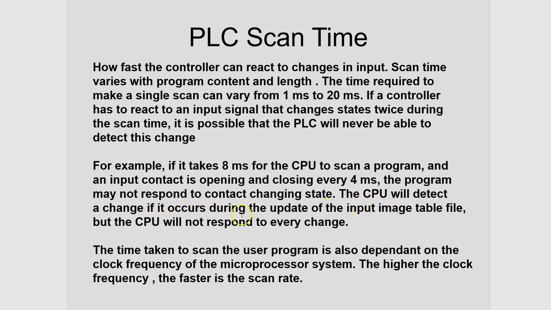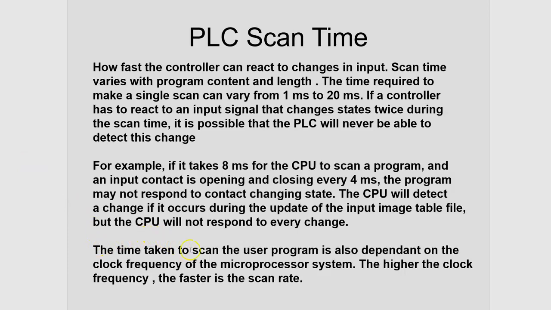The CPU will detect the change if it occurs during the update of the input image table file, but the CPU will not be able to respond to every change. So this paragraph of this slide is very important. If my switch contacts are opening and closing faster than the scan time, then there's going to be an issue. And if you think about that, that makes common sense.